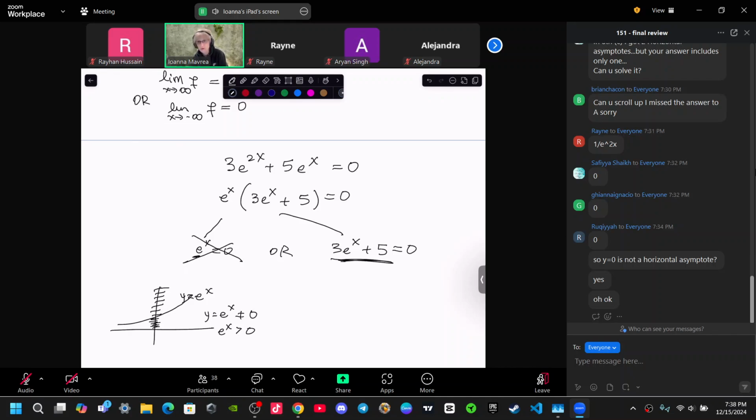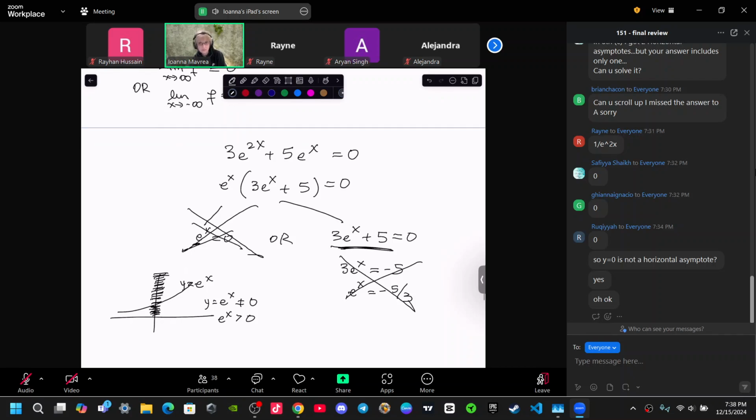So if you're trying to find what x makes this quantity equal to 0, you can try to solve it. And in order for such an x to exist, there must be an x that makes e to the x negative 5/3. That's not possible because all the e to the x's, the y coordinates, are not negative. So that's not possible. There's no vertical asymptote in B, but there is in C.